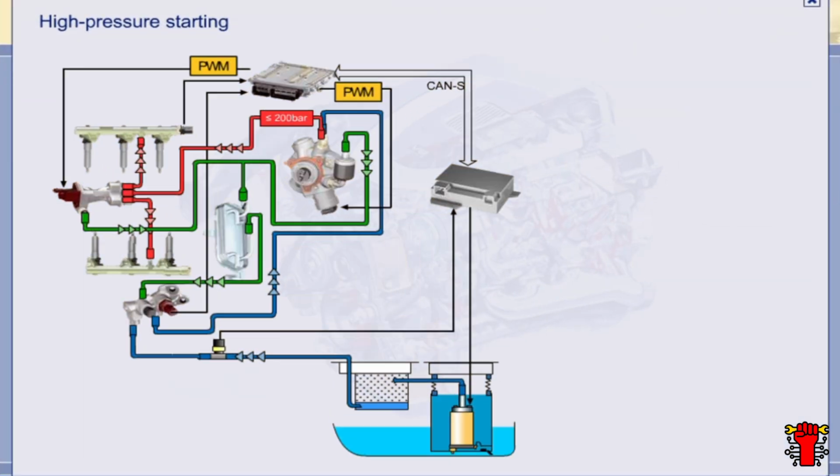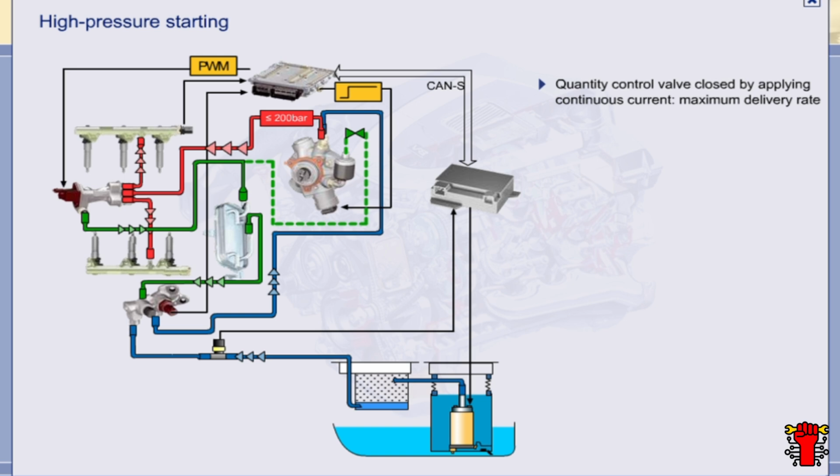The high-pressure starting operating status prevails up to approximately 5 seconds after engine start. In high-pressure starting conditions, the quantity control valve is closed by applying a continuous current. The high-pressure pump can therefore supply fuel at the full delivery rate, which enables pressure to be built up quickly.